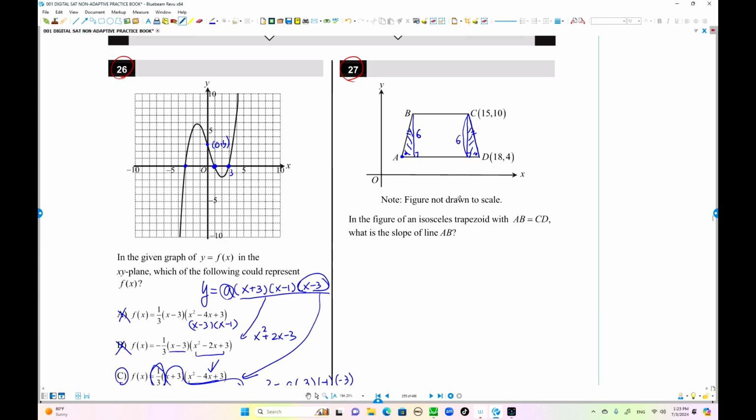This is also 6. What is the length of this side? 18 minus 15 is 3, right? This is also 3. In this case, delta y equals 6 and delta x equals 3, right? The slope of AB is what? 6 over 3, isn't it? Six over 3 equals 2. That's the answer, okay?